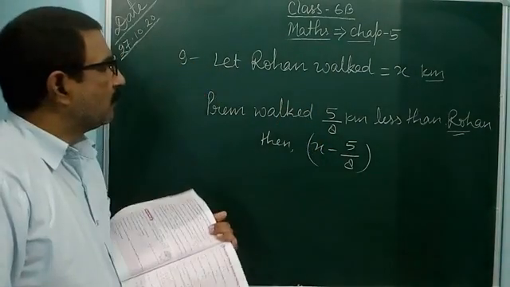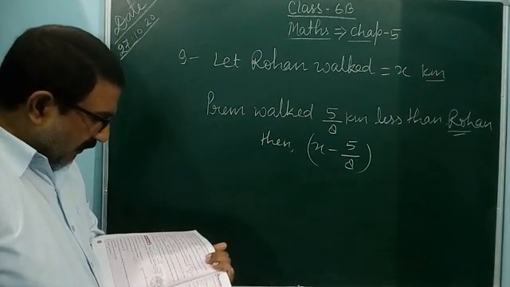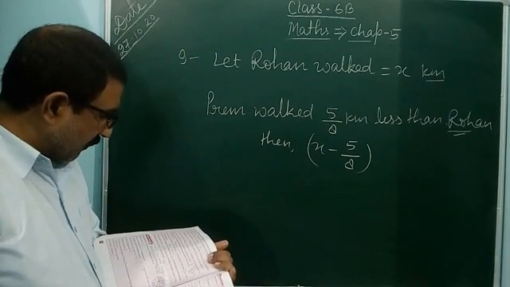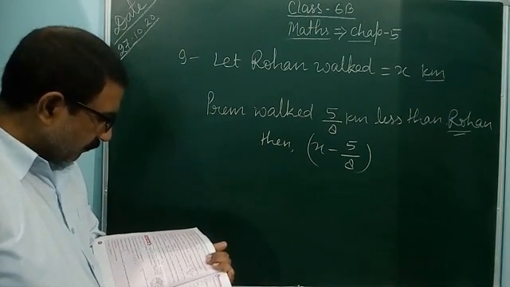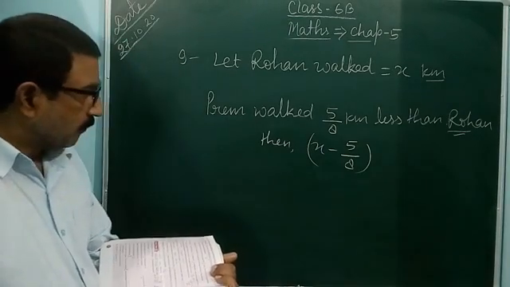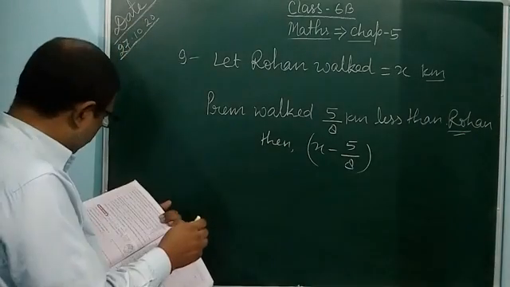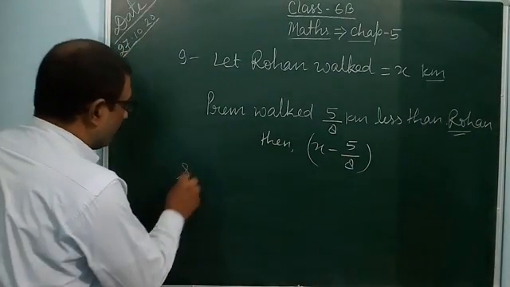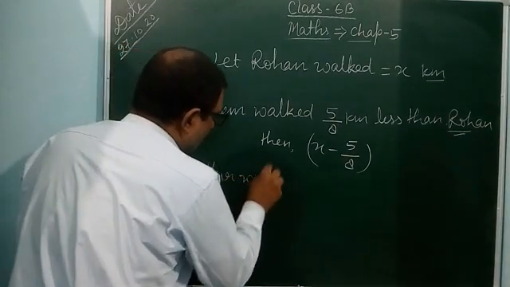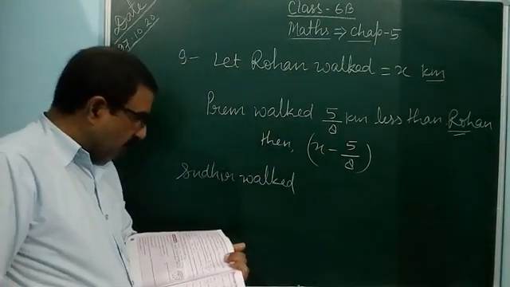After that, you can see Sudhir walked 3/5 km. Sudhir walked 7/20 km more than Prem. According to the question, 7/20 km more than Prem.